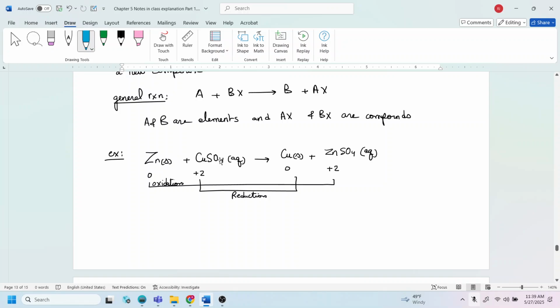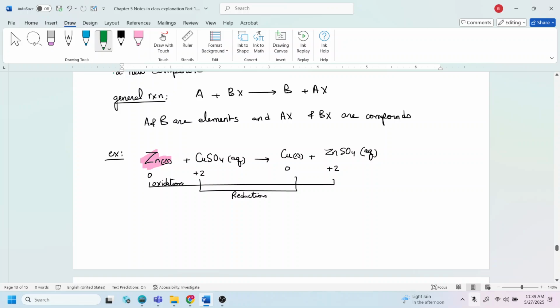Something like this, okay? So you're starting with an A. This is BX. So B will become now an element, and then the zinc and the sulfate will combine with each other. This is always a redox reaction. So you can easily do the oxidation numbers for each one of those and see that zinc turned into a +2, copper turned into a 0. So copper gained and zinc lost. Zinc lost means it's oxidation. So if it's zinc, we say that zinc is being oxidized.